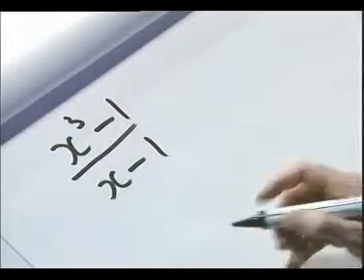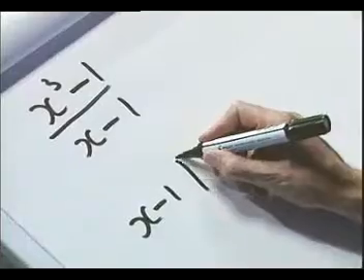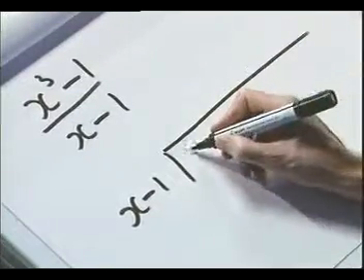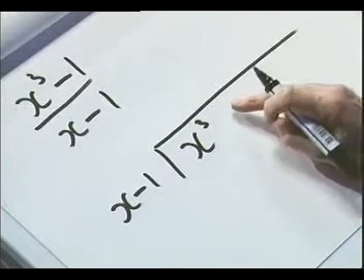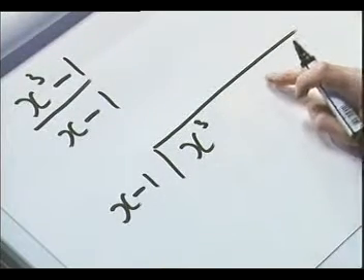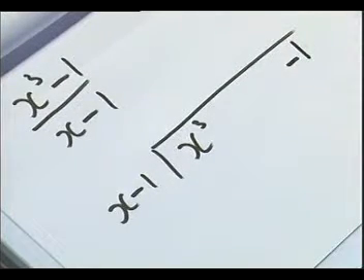How do we cope with that? Let's have a look. Remember, we know what the answer to this one is already. So what we must do is write in x cubed and then leave space for the x squared term, the x term, and then the constant term.